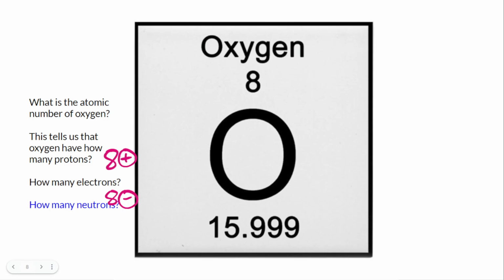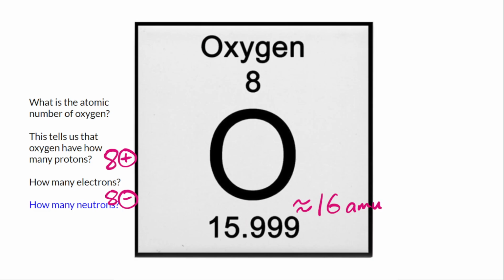How many neutrons does it have? So this one, we're going to need to do a little math. Down here, we know the atomic mass is 15.999. We can essentially round this number to approximately 16 AMU.